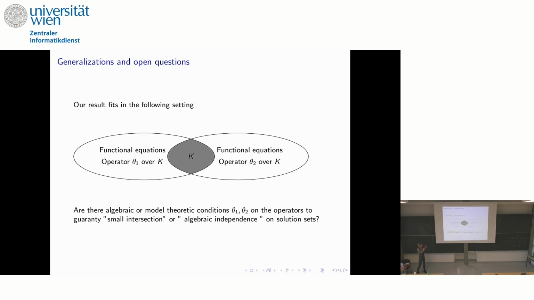Okay, and you are wondering, can you find some condition on the operators so that, for instance, the common solution set is small. So, for instance, a solution of this kind of equation, which is also a solution of this kind of equation, belongs to the base field. Or you might ask a more difficult question: are solutions here algebraically independent there? Okay. So there are many questions.